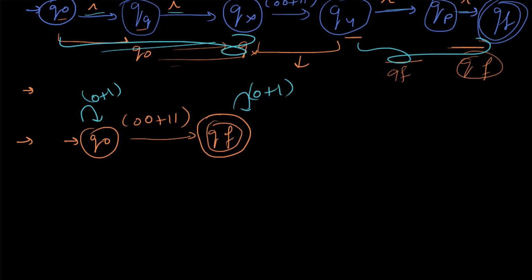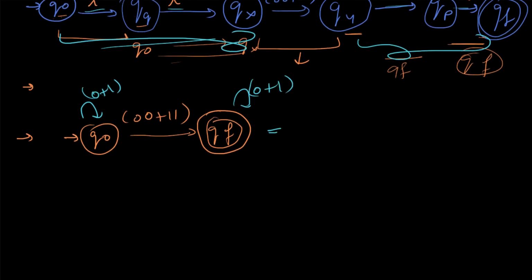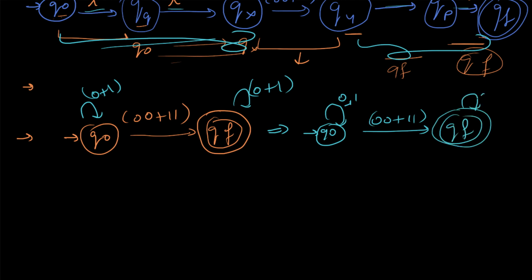Now for union, we could write this as q naught 0 comma 1, right, then 0 0 plus 1 1, qf, 0 comma 1, or we could have done this, right. So we can do any of these things, which is use a comma or use two arrows, doesn't matter, right.